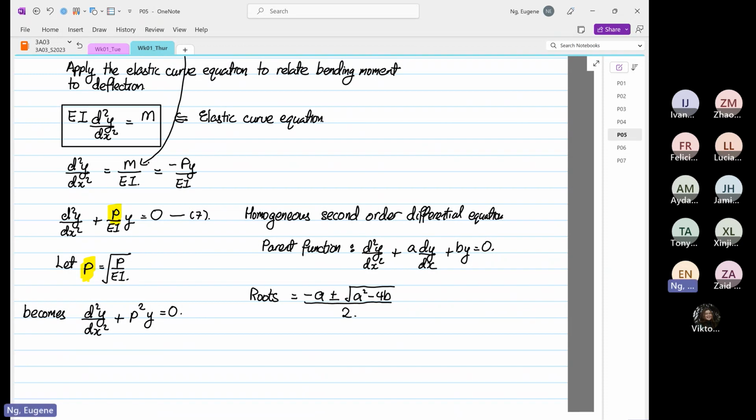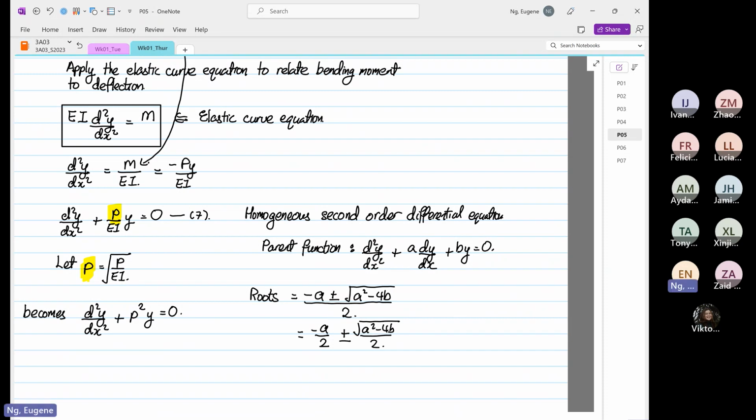Spread out, this is minus a over 2 plus or minus the square root of a squared minus 4b, divided by 2.